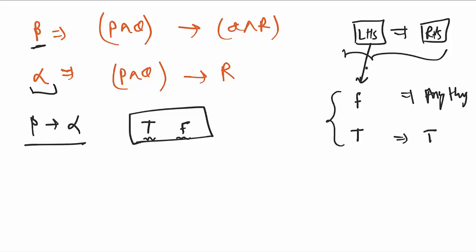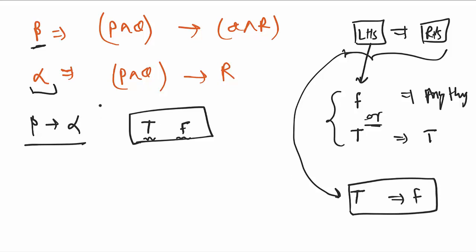So there are two possibilities to make it true. Any formula like LHS imply RHS has two possibilities to make it true. But there is only one possibility to make it false. That is the true-false combination, right? So now tell me whether making beta true is easier or making alpha false is easier.